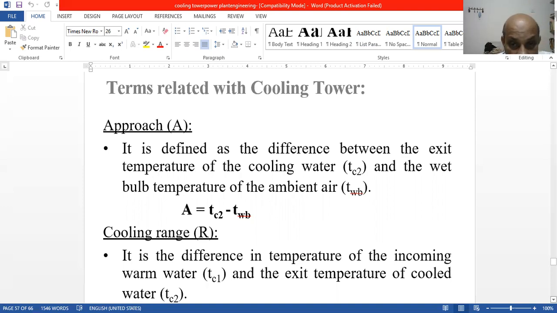So cooling range, what is that? It is the difference between the incoming temperature of the warm water and the exit temperature of the cool water. That is called the cooling range. Approach is equal to Tc2 minus Twb, the exit temperature of the cooling water minus the wet bulb temperature.